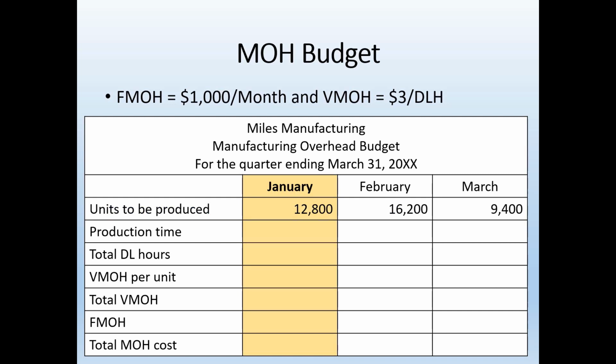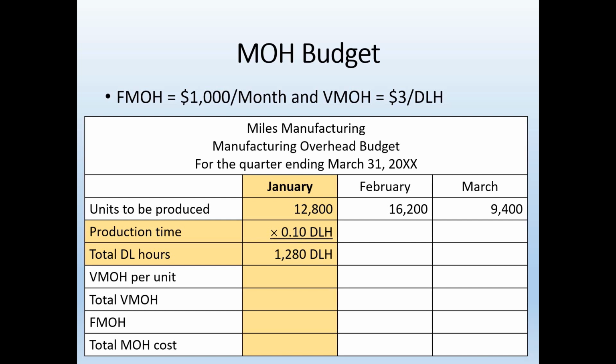In January, we take the number of units to be produced, multiply by the production time, which is 1/10 of an hour per unit that was given in the labor budget, and that tells us the total number of labor hours. If the firm based its variable manufacturing overhead on machine hours, then we'd have to have data for the number of machine hours.